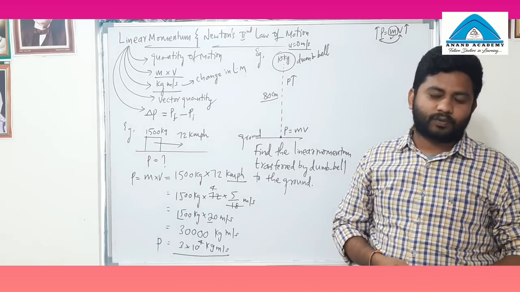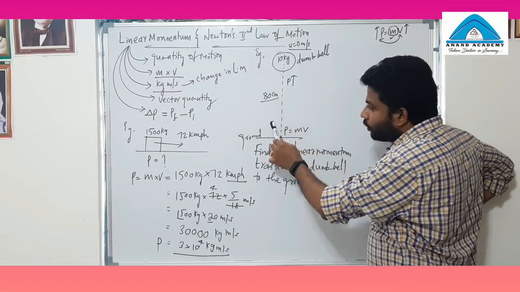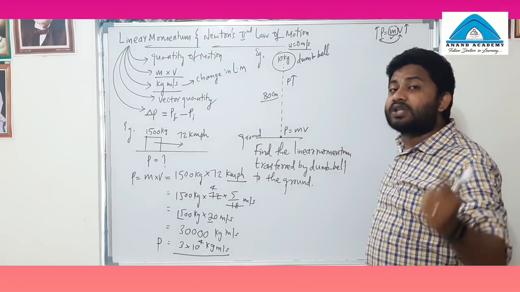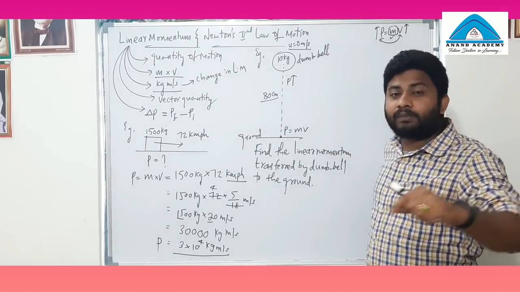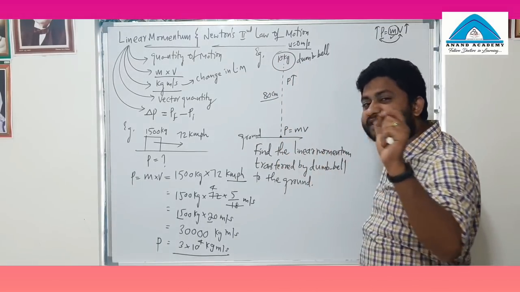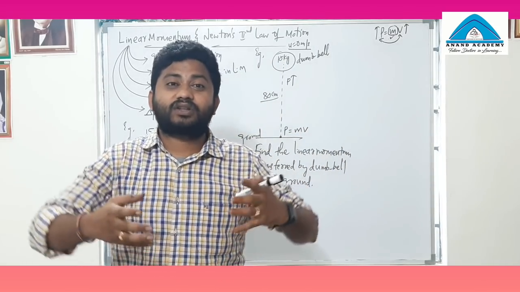That's the question, right? Because as the body is freely falling towards the ground, its velocity increases. That means the linear momentum of the body increases, and at the point of striking, the body will have some quantity of motion. Yes or no? That's called linear momentum.